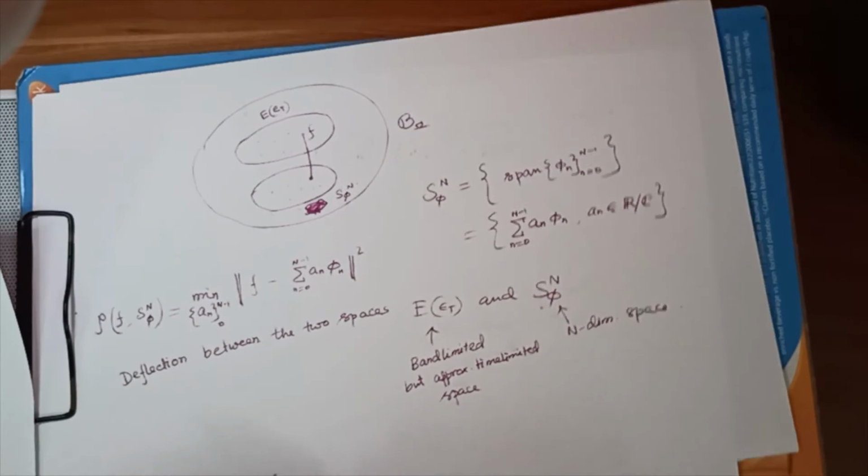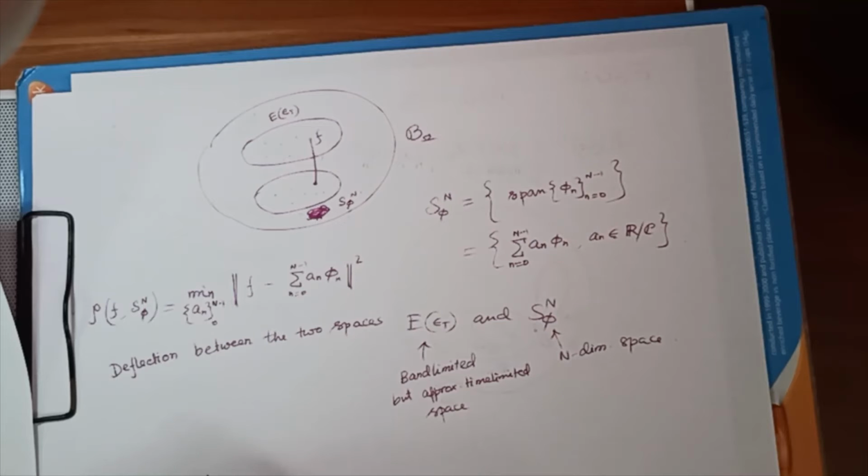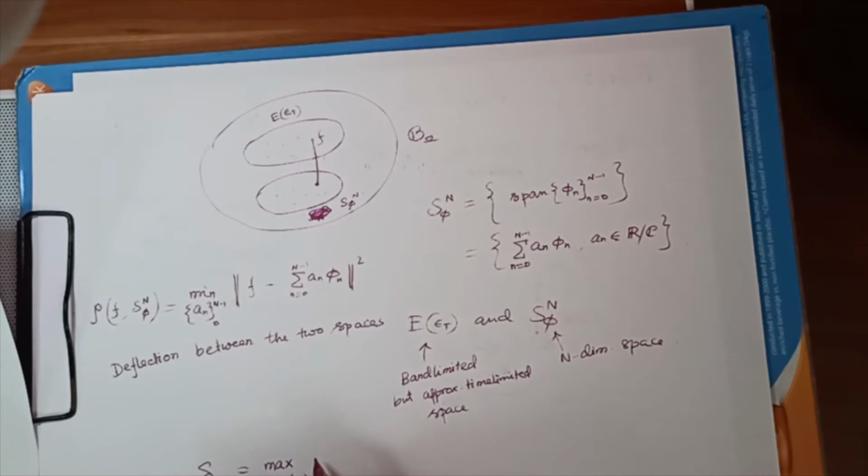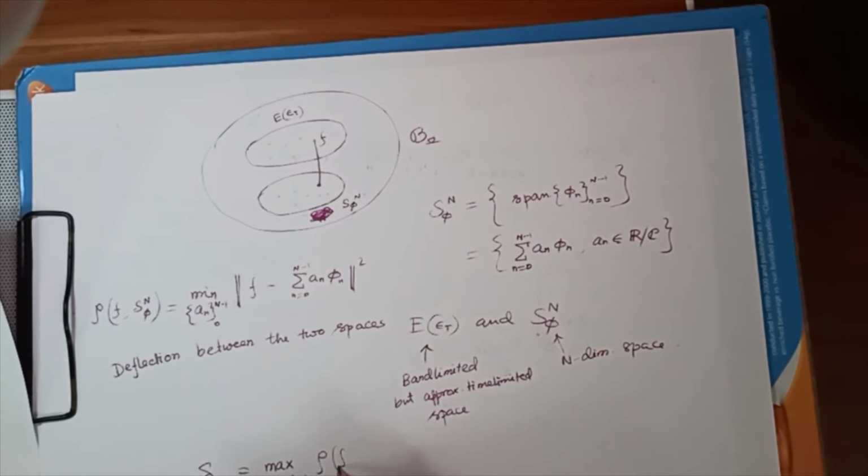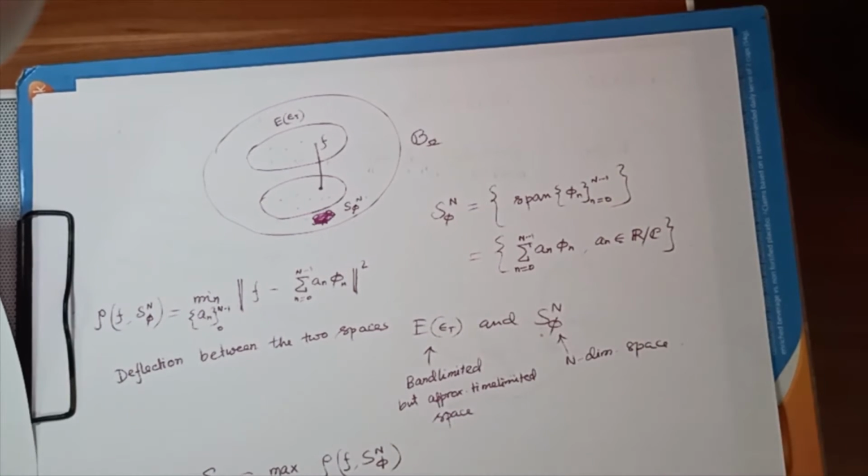So I can take another symbol, say delta n, which is equal to basically the max or sup. I am writing max. So max for all f in that space, and I am computing the distance between f and S n phi. So this is delta n, I can write phi or something.